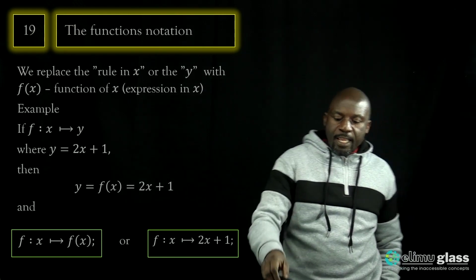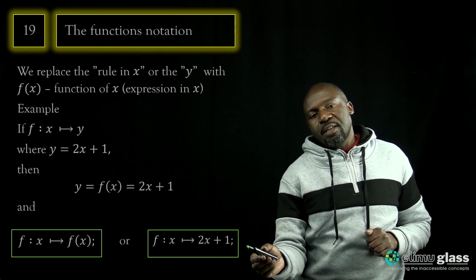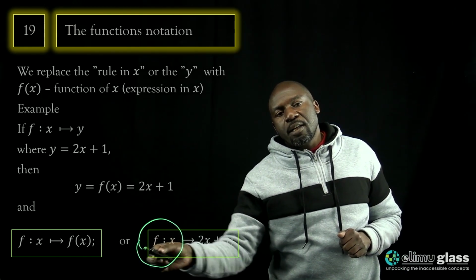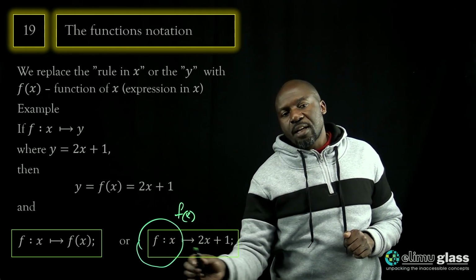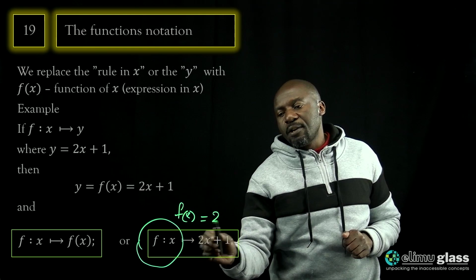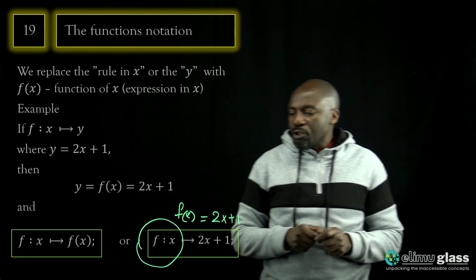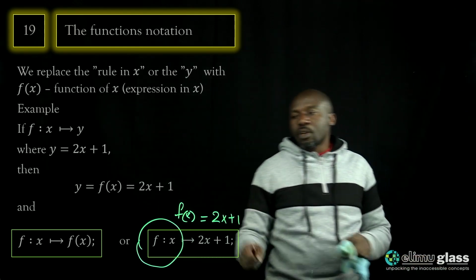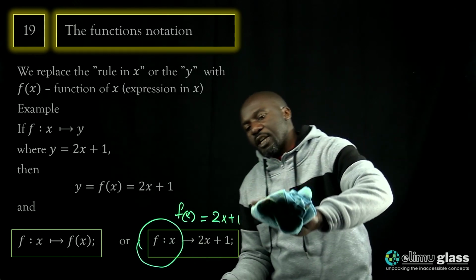Notice that today we simply, instead of writing this, you just take this together, refer to it as f of x, remove that arrow and put an equal sign and write 2x plus 1. This is how we write the function notation today. So both are valid function notation. So this, as well as what we've talked about here, is a function notation.